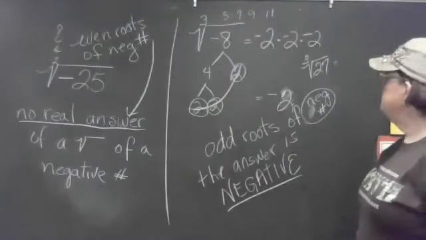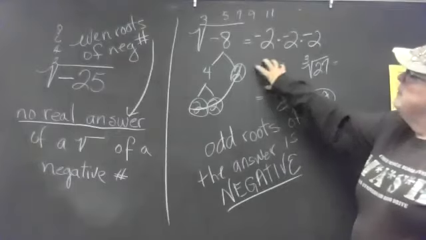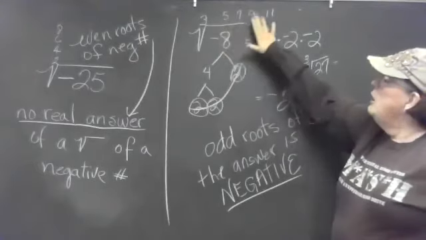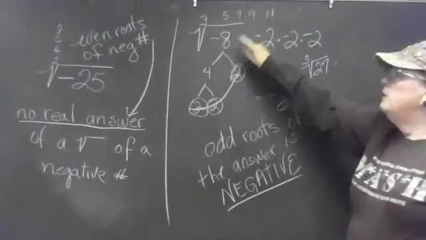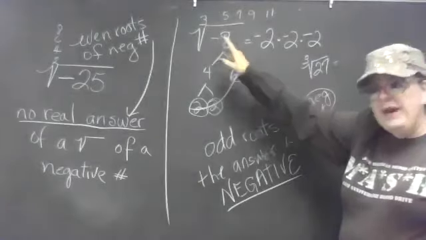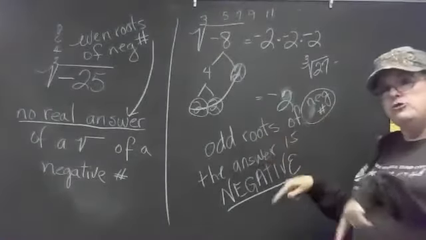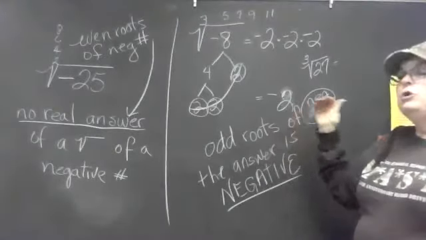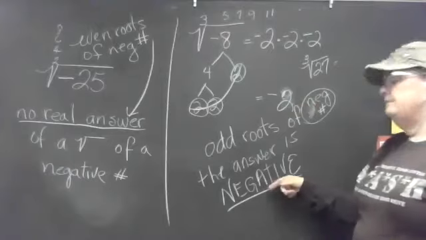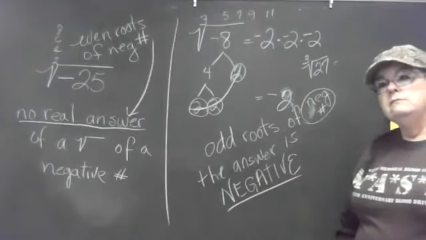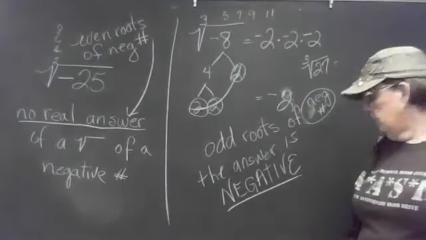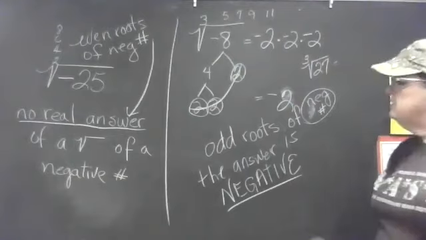There's an imaginary answer. Okay, and odd roots of a negative number, you can find by doing the factor tree. The answer will always be negative. Does it help? All right. Refer back to this often.